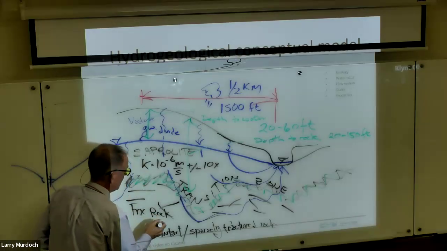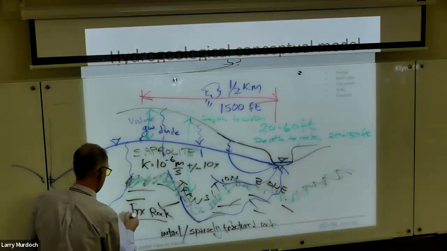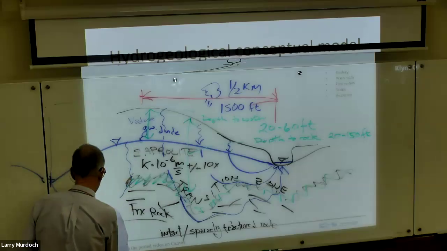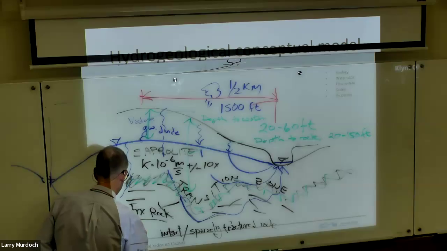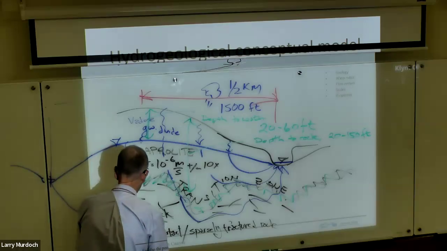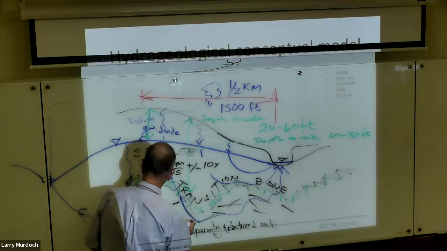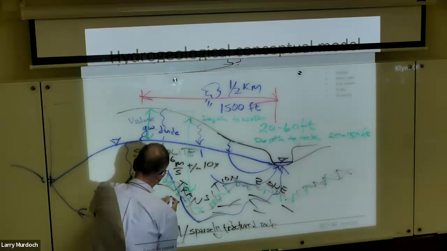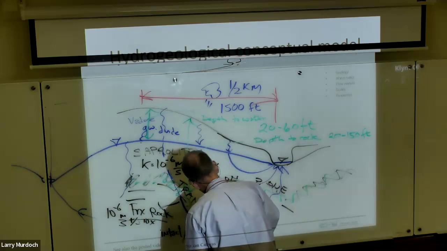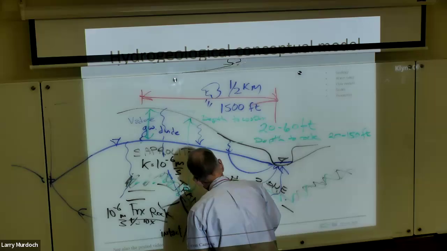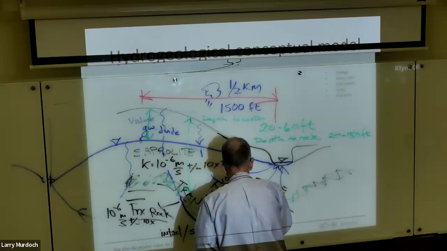And then fractured rock, the shallow fractured rock, similar, 10⁻⁶ meters per second, plus or minus. And transition zone, this would be your five times 10⁻⁶ meters per second.